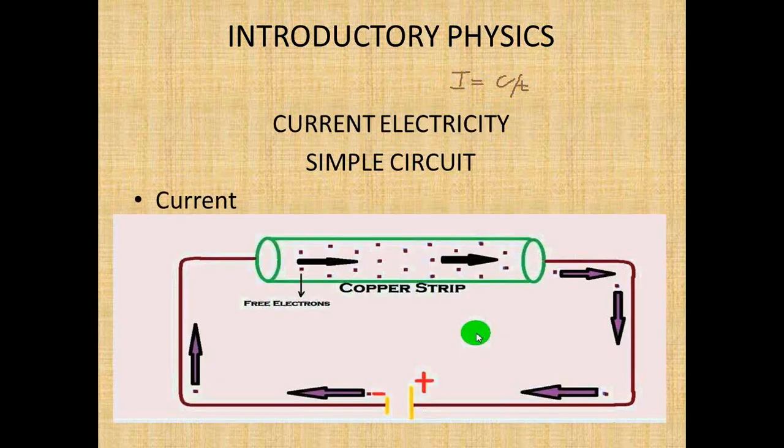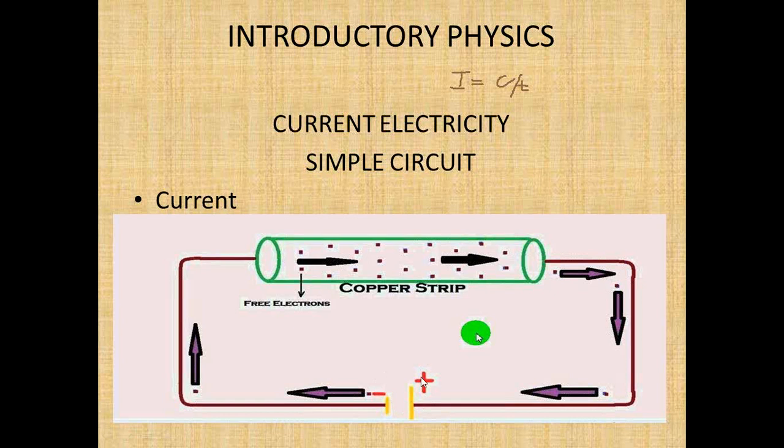All right. Okay, so you have a battery. You have a positive terminal and a negative terminal. The positive terminal is the high potential terminal. The negative terminal is the low potential terminal. All the battery does is move the positive charge to the positive terminal.